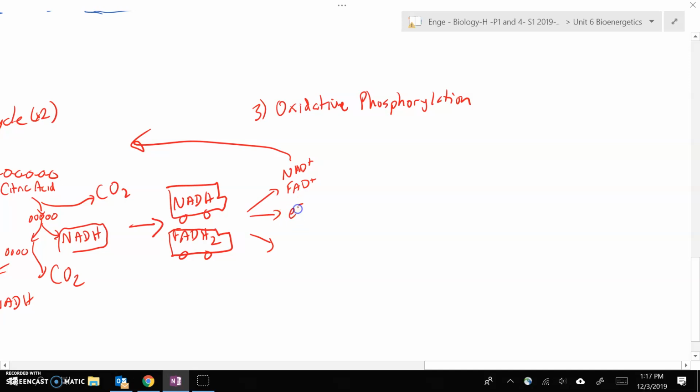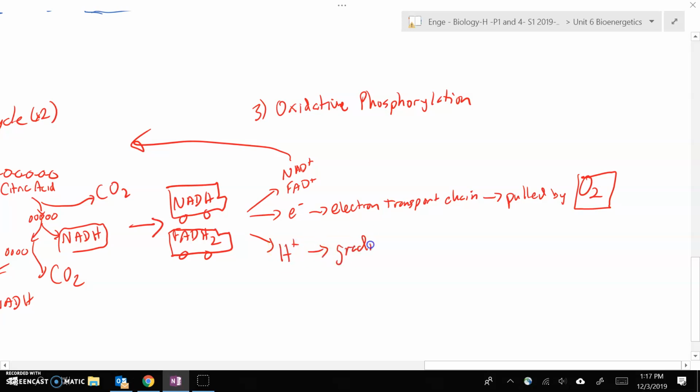They get split into electrons, which go to the electron transport chain, pulled by oxygen, and then the hydrogen forms a gradient for chemiosmosis.